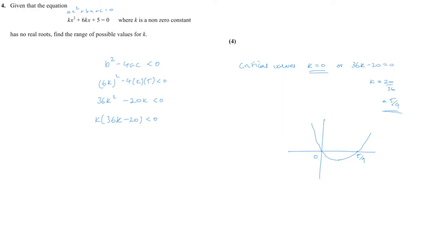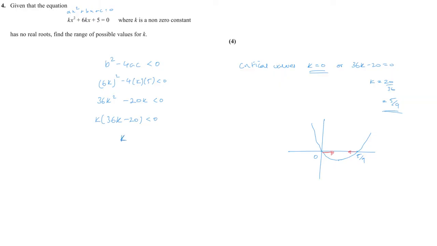Now we want less than 0. So we want when this curve is below the x-axis. So we want to the right of these values and to the left of these values. So now I can go ahead and state it.